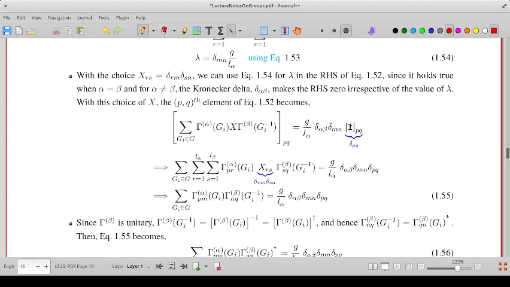Then we had the identity matrix. We now need to take the pqth element because we are taking the pqth element on the left hand side.